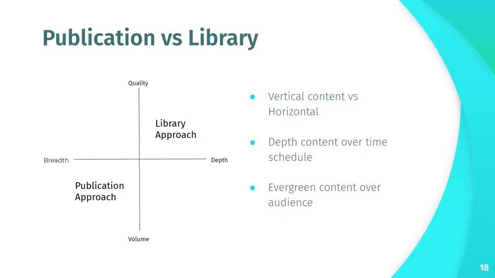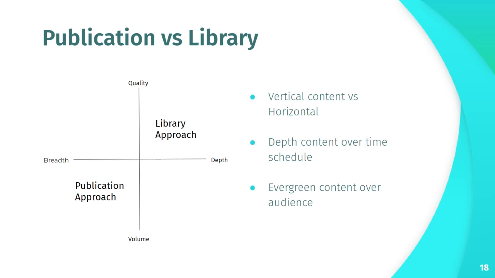That's why we decided to change from a publication model, which is a model where basically you have more horizontal content, you have a kind of time schedule where you publish X number of blogs every week, and you try to focus on an audience that you think is going to come back to you every week, to a library approach.